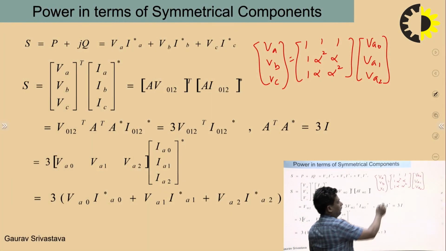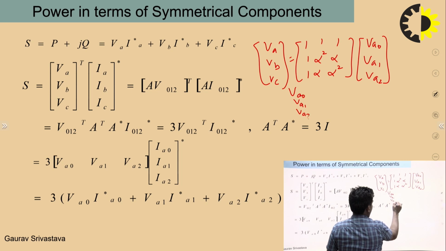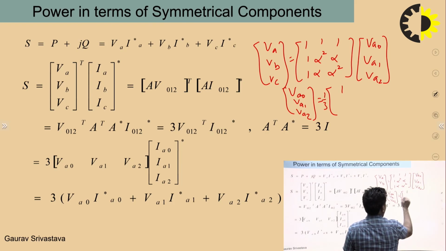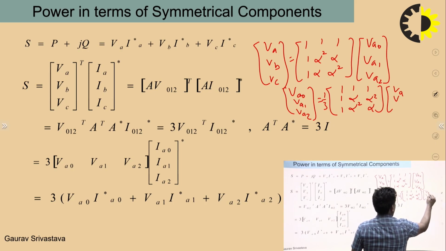So like this, we have found the relations, and similarly the relations between the phasor values and the symmetrical components VA0, VA1, VA2. We can write 1 by 3 times the matrix 1 1 1, 1 alpha alpha square, 1 alpha square alpha, times VA, VB, VC.